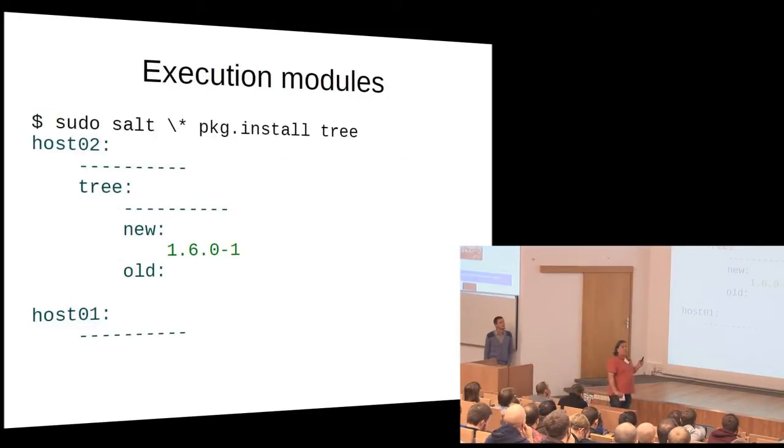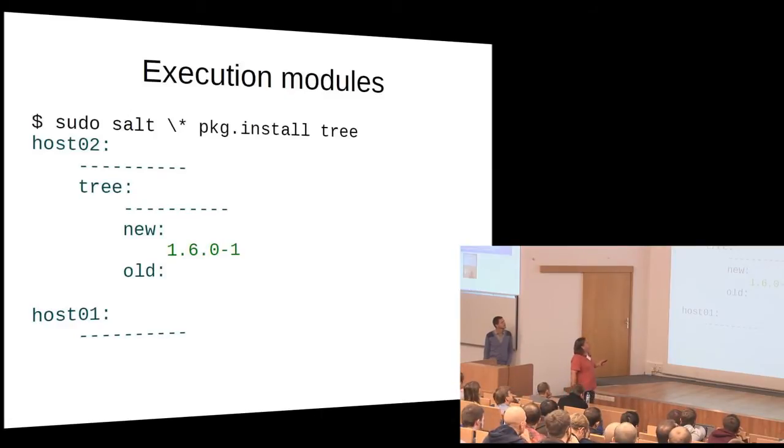Execution modules. Instead of running shell commands on minions, you can run execution modules prepared by Saltstack engineers. In this case, the user runs the install command from the pkg package and installs the package tree.